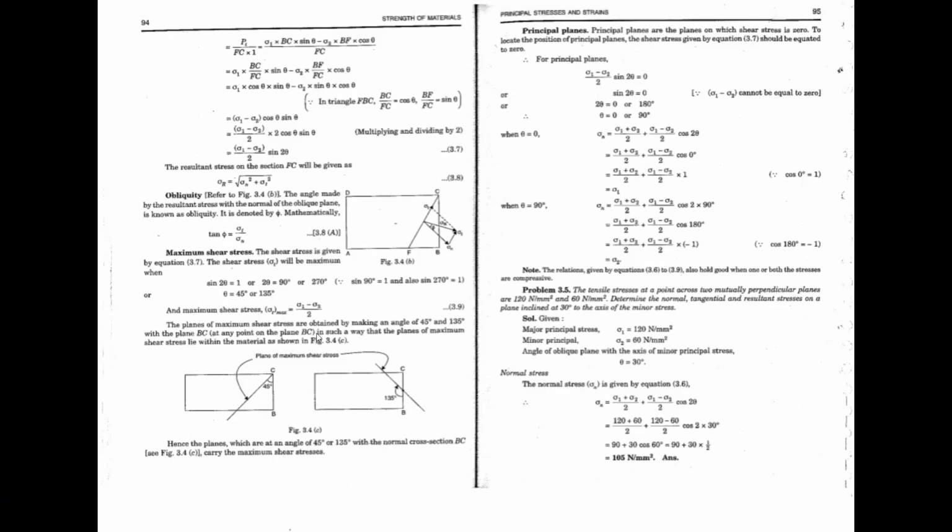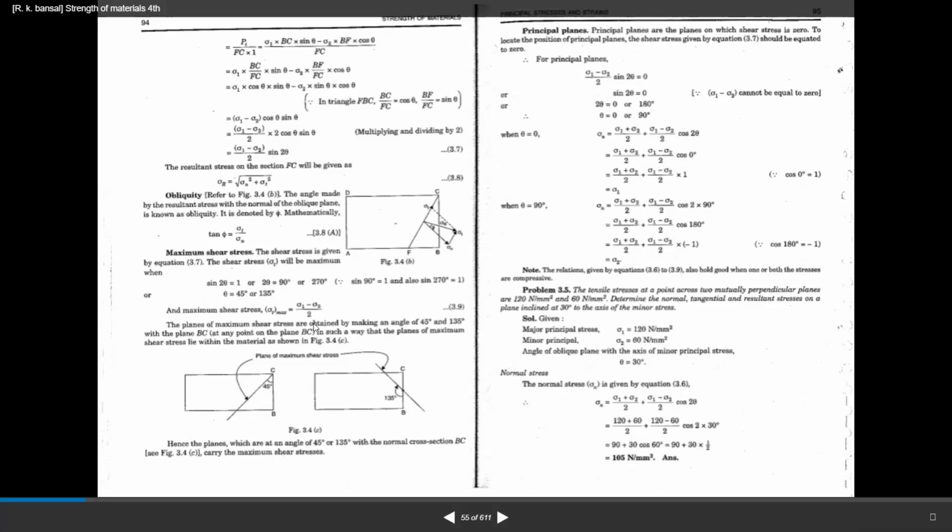Next, the planes of maximum shear stress are obtained by making an angle of 45 degrees and 135 degrees with the plane of BC at any point of the plane BC, in such a way that the planes of maximum shear stress lie within the material as shown in figure 3.4c.